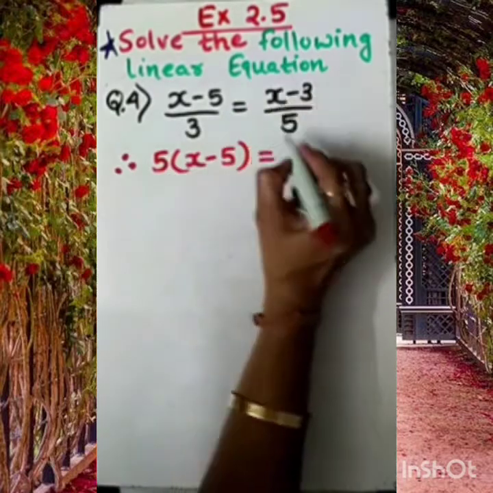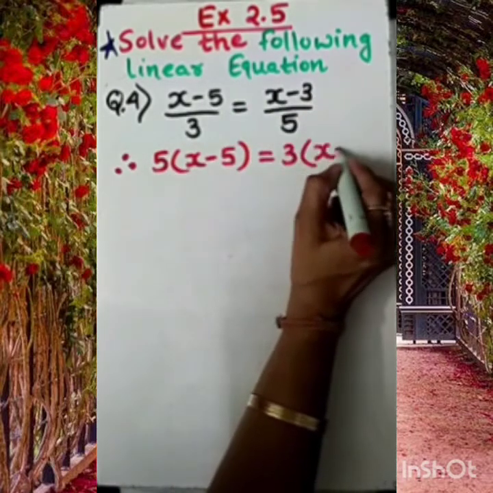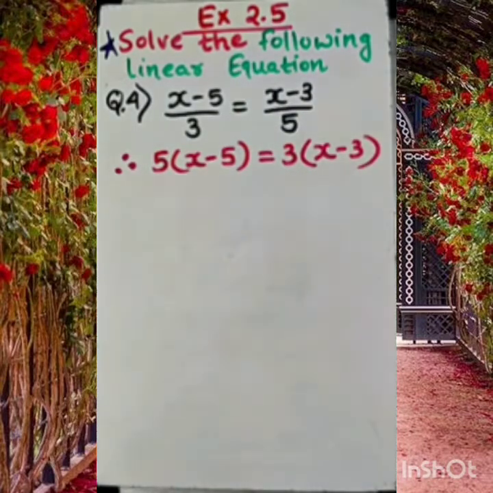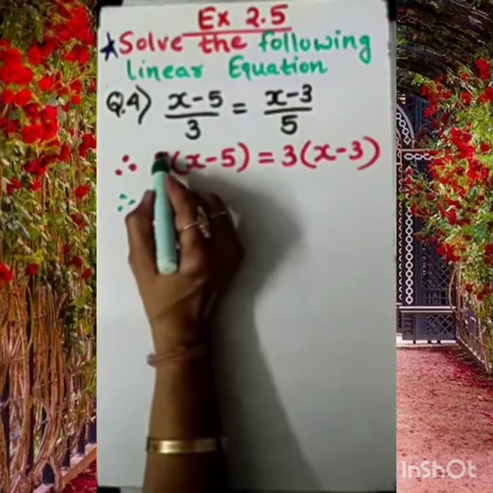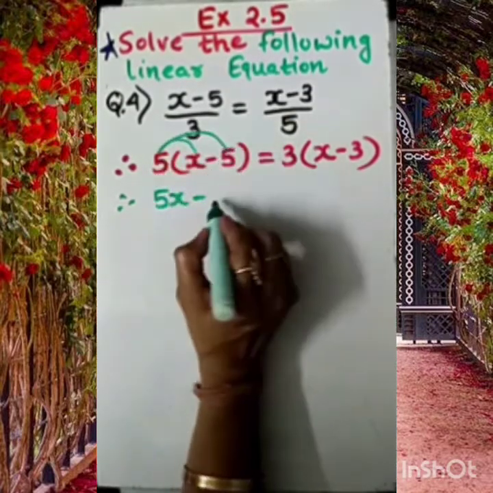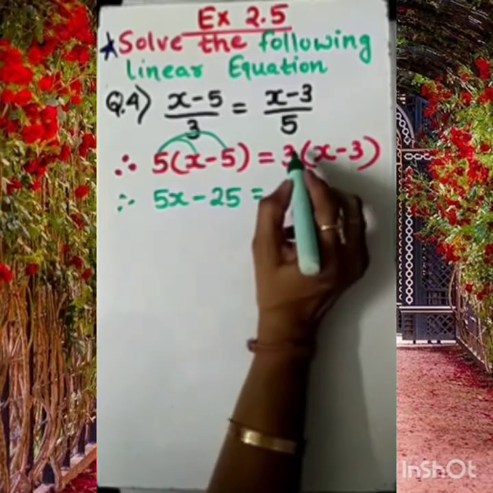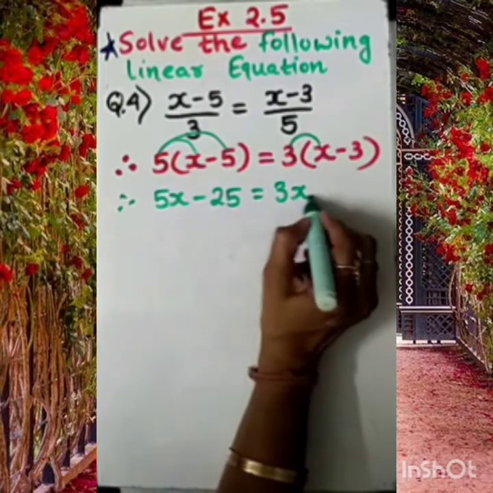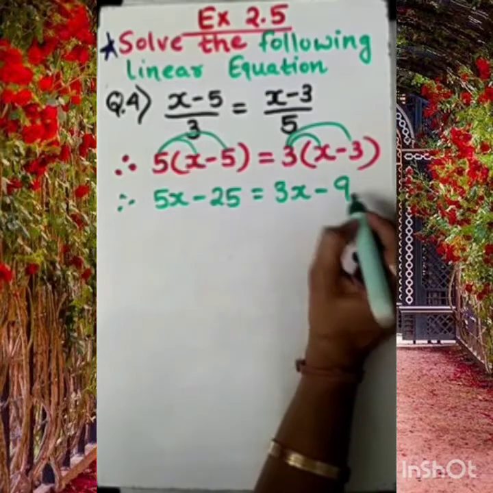And this 3 will be in cross multiplication with this. So it will become 3 into x minus 3. So my dear student, if I multiply with that, 5 into x is 5x, agree? 5 5s are 25, 3 into x is 3x minus 3 3s are 9.